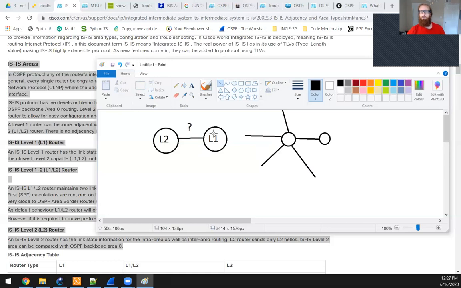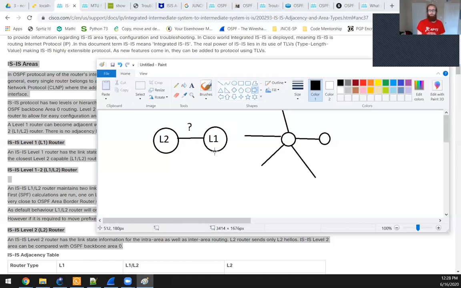You can't do that with ISIS because the ability to do that is a feature of IP protocol, which ISIS does not use. So all you can do is say I want this whole thing to be a level 1 router.